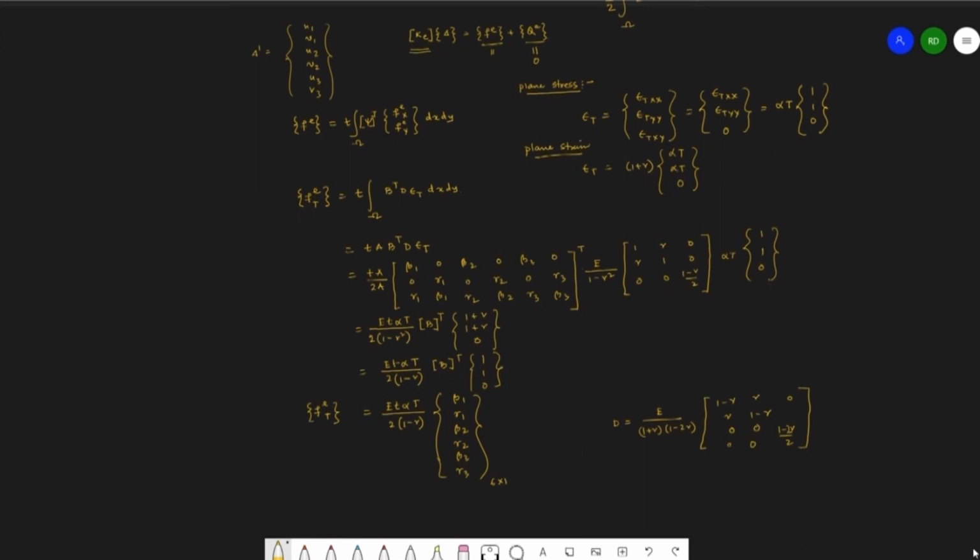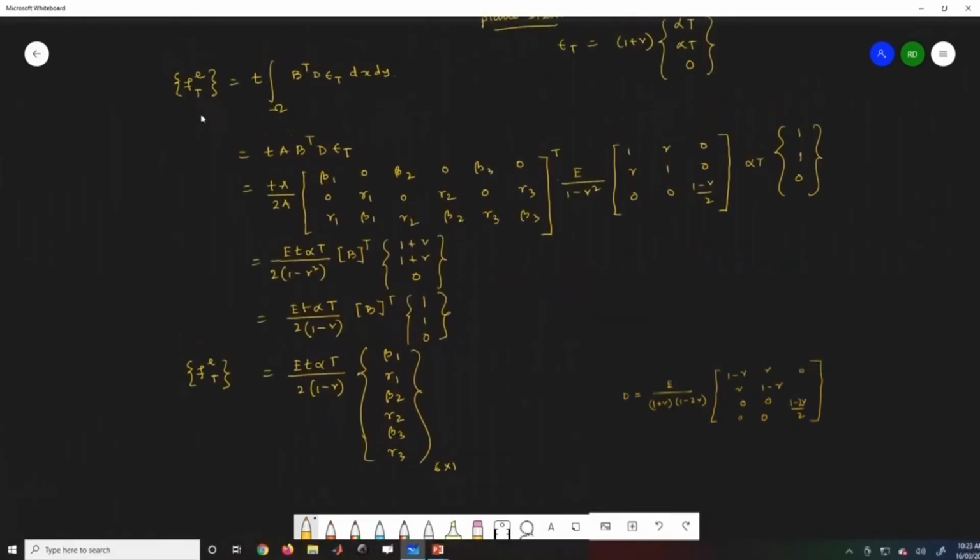So this is your plane strain constitutive relation. Now once this is done, you can also evaluate the plane strain thermal force vector.